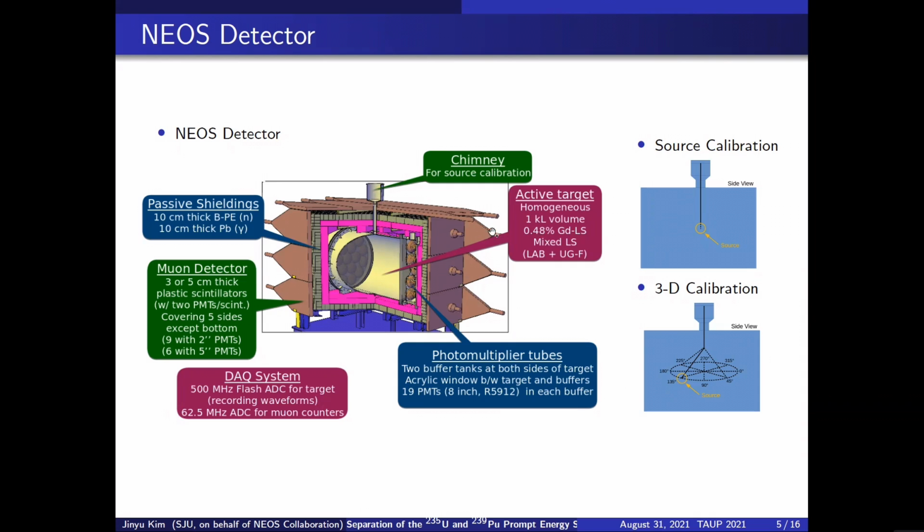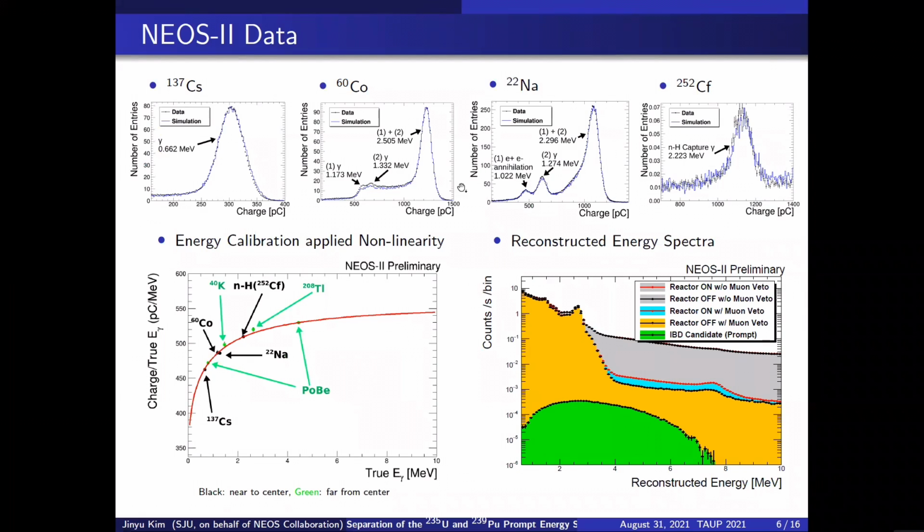For the usual source calibration, the source is inserted through the chimney and located at the center. The NEOS 2 detector was operated for 2 years and source calibration was performed bi-weekly.